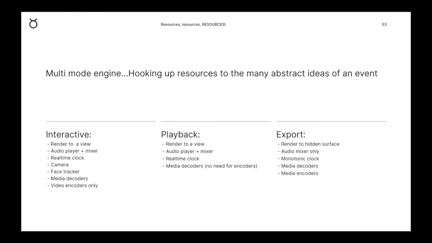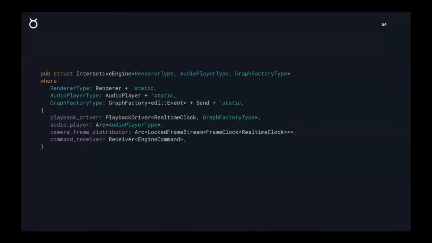The other thing that I think gets overlooked a bit with this kind of stuff, when people are being really clever with their generics, is that you always have to specify the concrete types somewhere. You have to. It doesn't work if you don't. So over the next few slides, I'm going to skim over the way we configure the engine. So in this slide, the interactive factory, we're genericizing over the graph factory, basically because the face trackers are external.